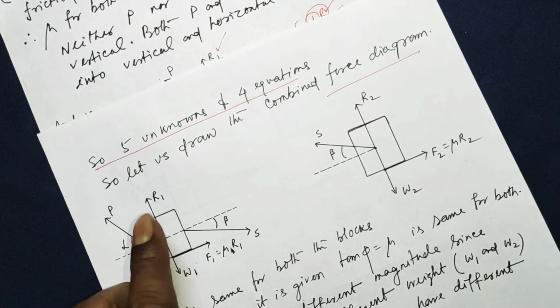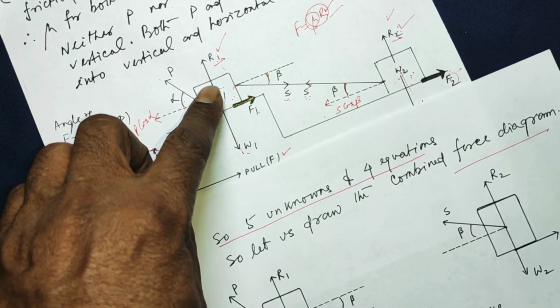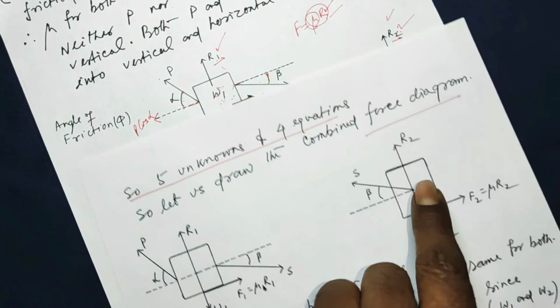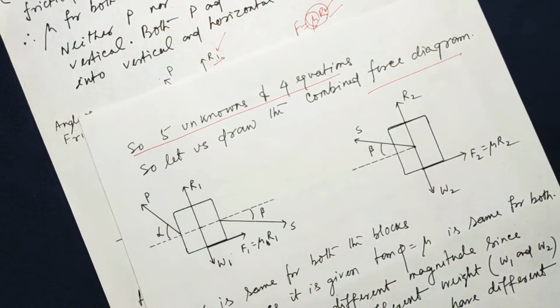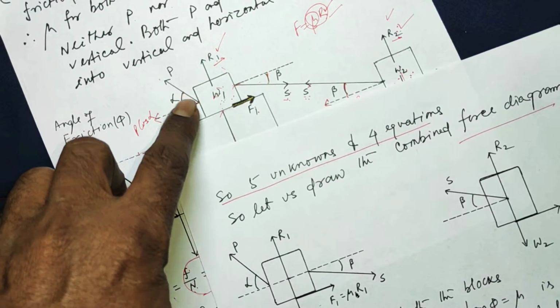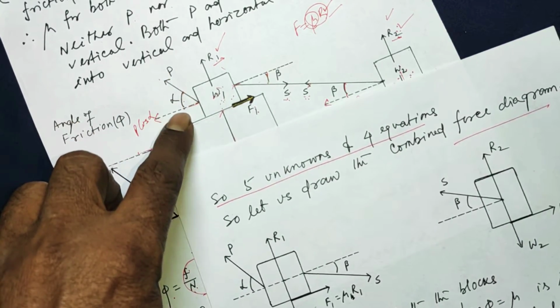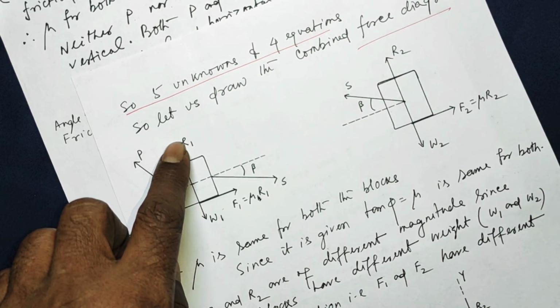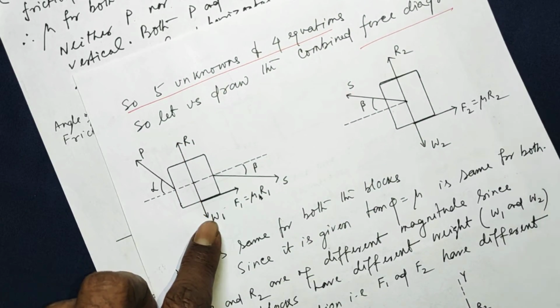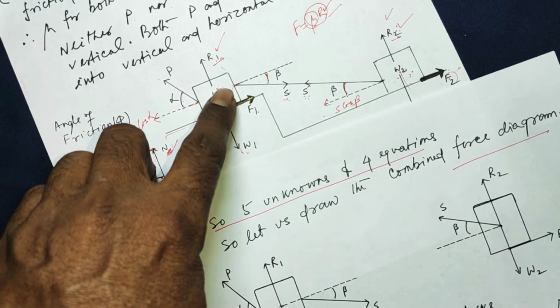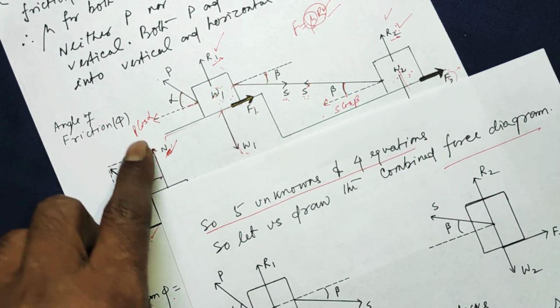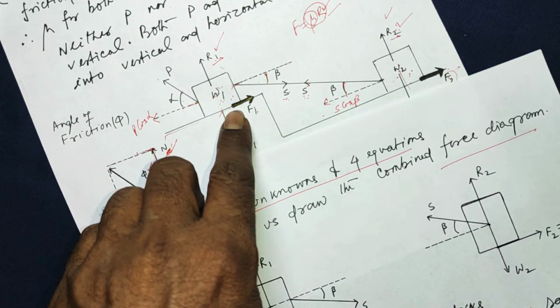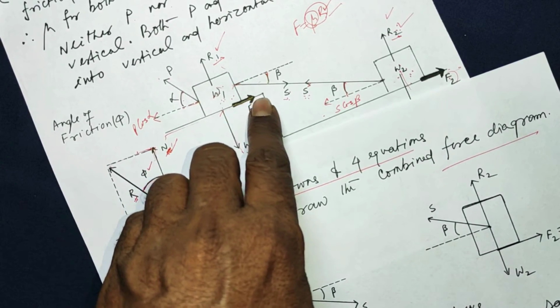If you look at W1, this is your W1, that is the same thing as this. This is your W2, that is the same thing as this. To W1 you have applied a force P, making angle alpha with the horizontal. That is what I have shown here. The normal reaction R1 with W1, and as this W1 is pulled to this side due to P cos alpha, the force of friction F1 is to this side.